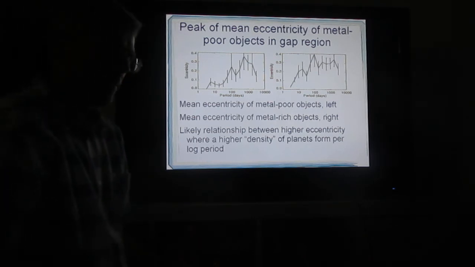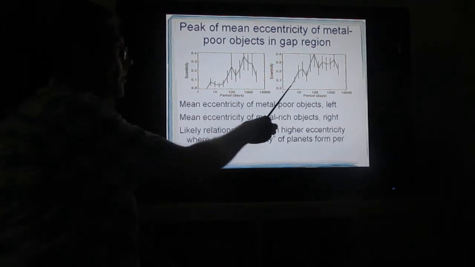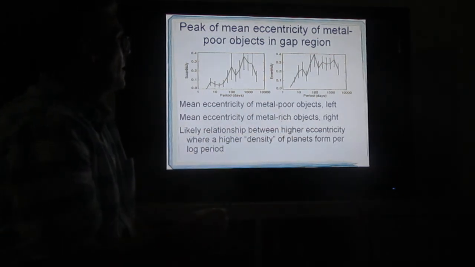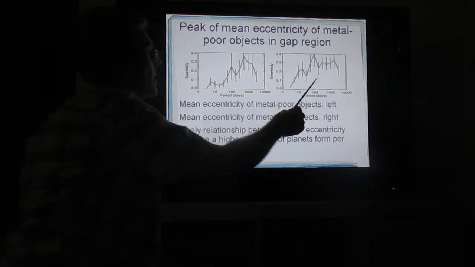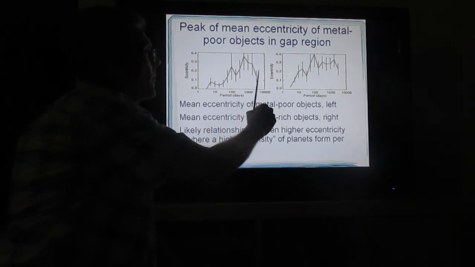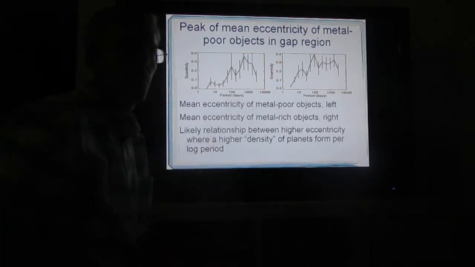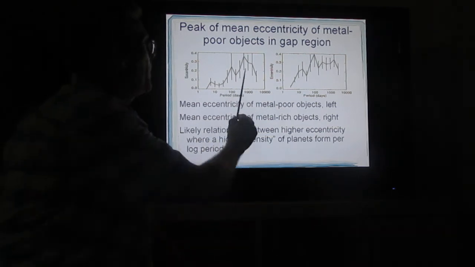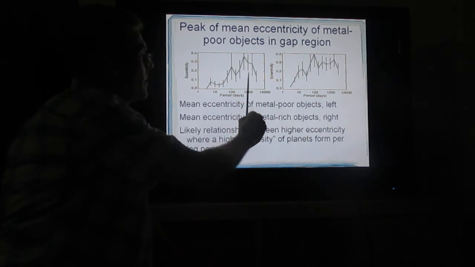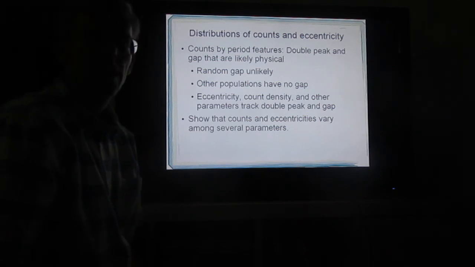This shows, as we found in 2012-13, looking at the mean eccentricity, here for metal-poor stars and here for metal-rich stars, that for metal-rich stars the mean eccentricity is higher at the shortest periods, as found earlier, and at longer periods it appears to reappear. But the eccentricities of metal-poor stars seem to have a peak around where the density of planets per log period is highest, and this also corresponds to the gap. So the structure appears to have a relationship with the eccentricity.